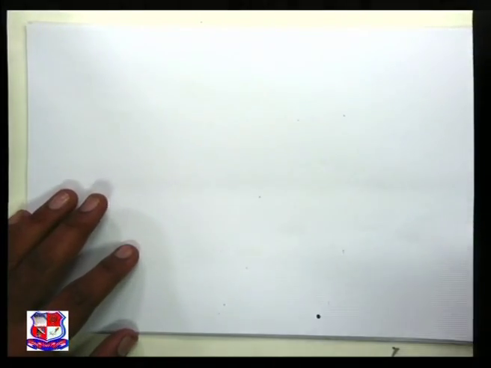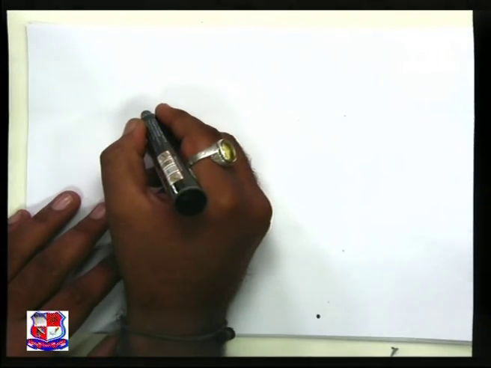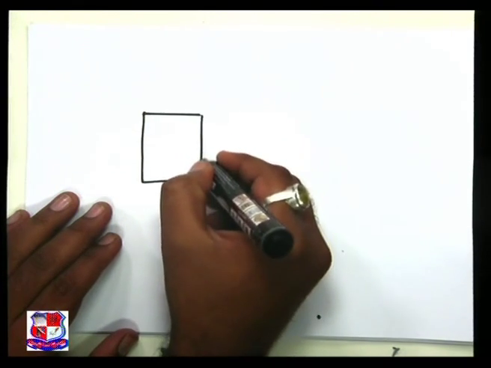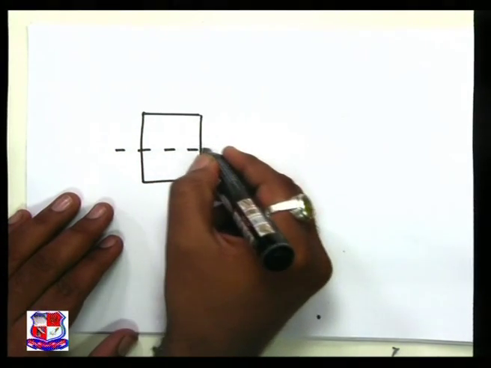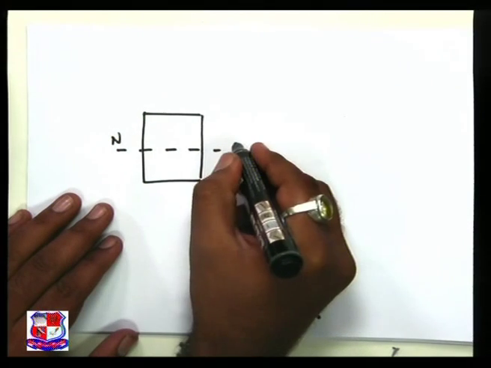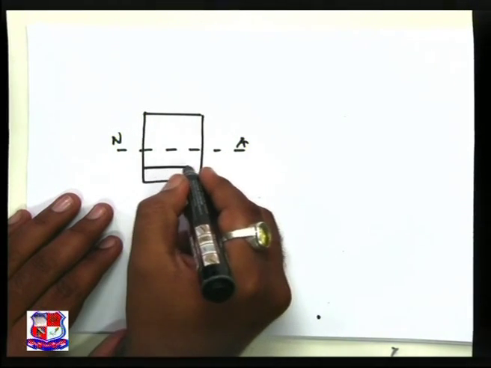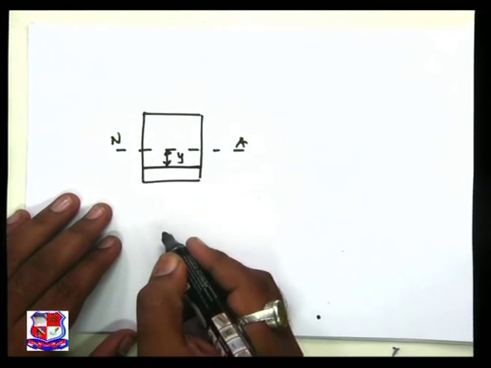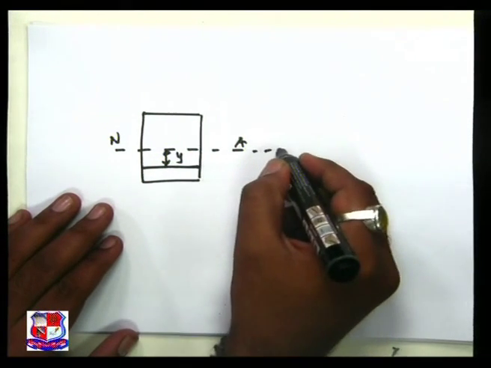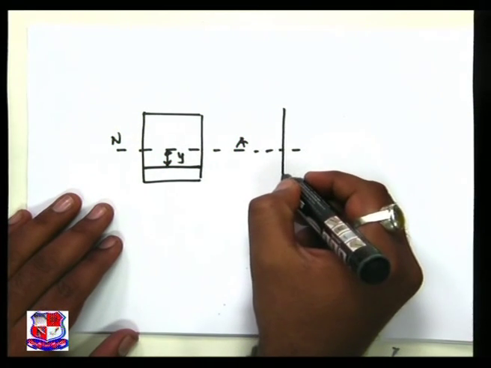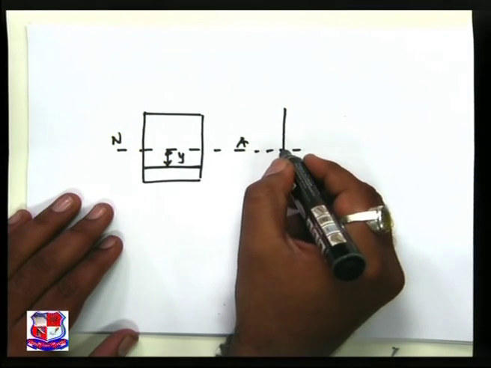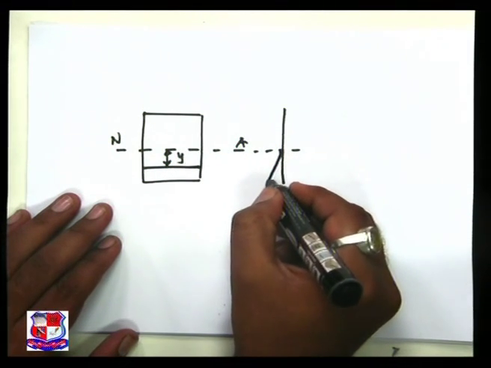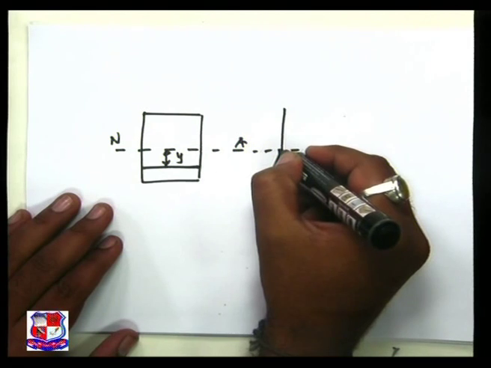If we discuss the y, then this is the cross section of my beam. This is the neutral axis. Then this is my layer which is under discussion, and this is y. Then my bending stress on one side increases. As the y increases, the value of stress also increases.